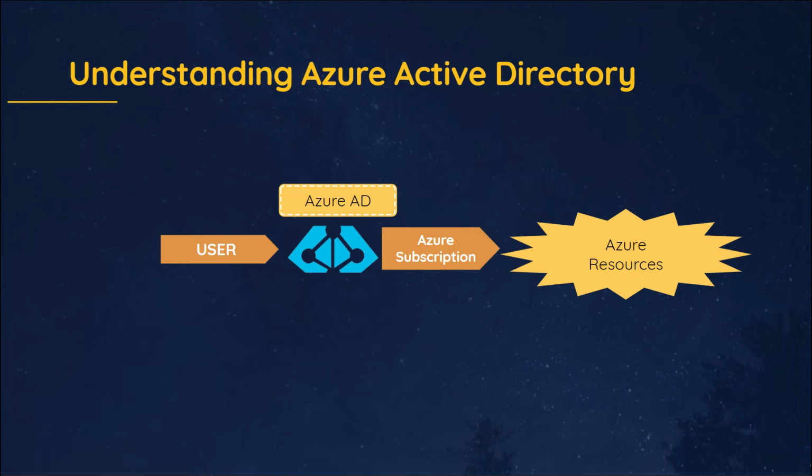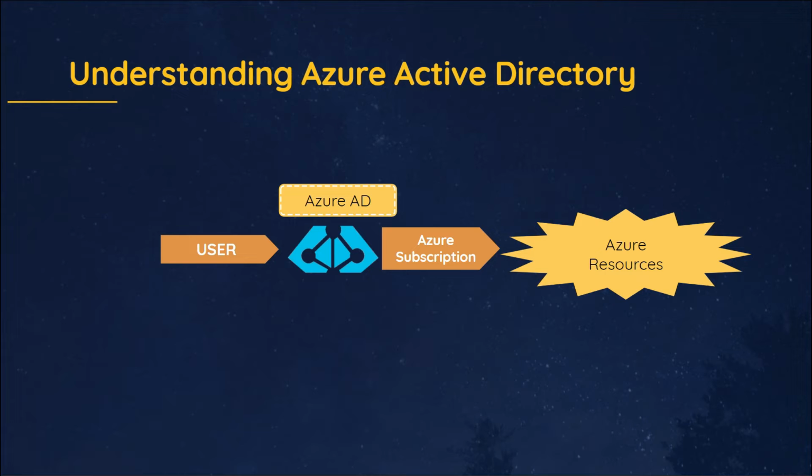So this is an overview picture of how a user hierarchy would look. For example, you are creating a user in Azure Active Directory, and we are giving access at an Azure subscription scope level or an Azure resources level. For example, you are giving access to only the virtual machines or only the SQL servers.